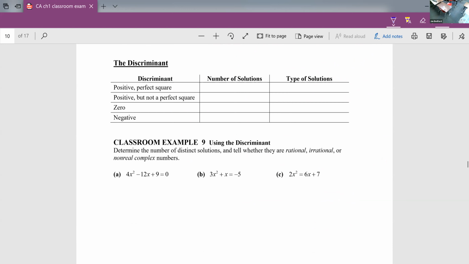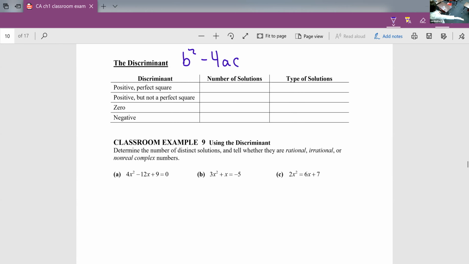We got negative b plus or minus the square root of b squared minus 4ac. That's the part that's the discriminant. I'm just interested in knowing what that number is going to be under the square root, because it's going to tell me a little something about the type of answer I'm going to get.